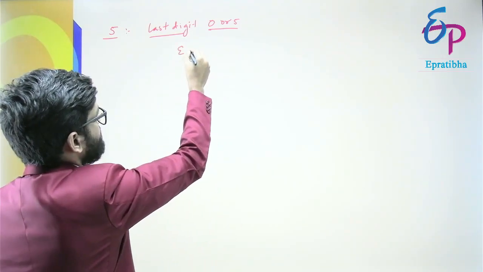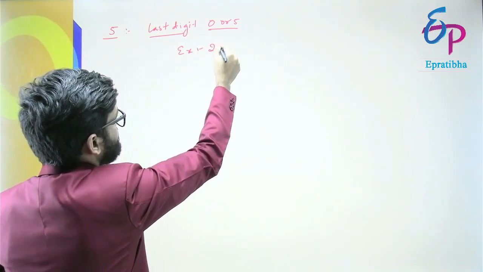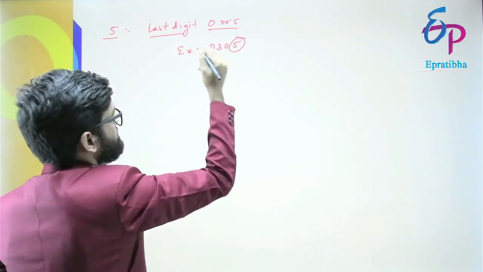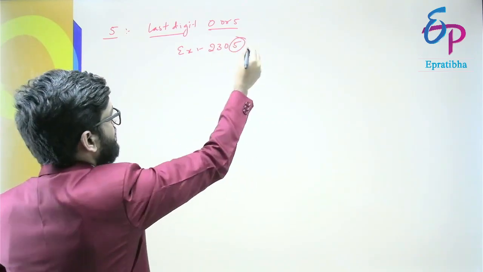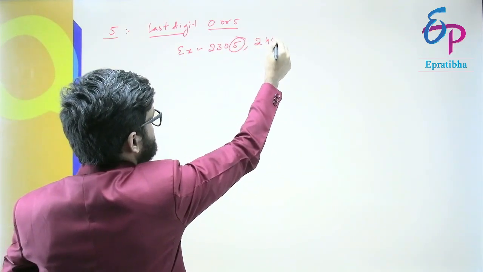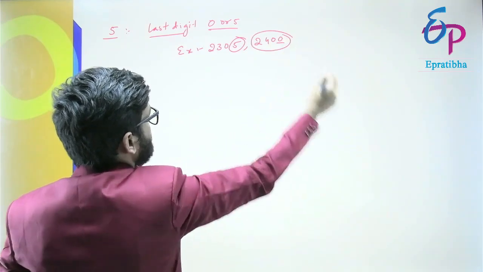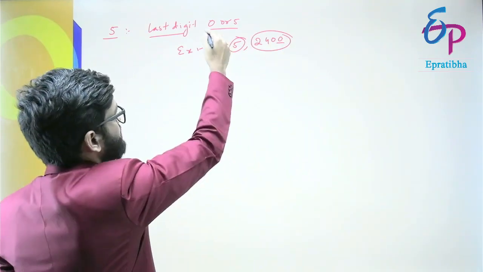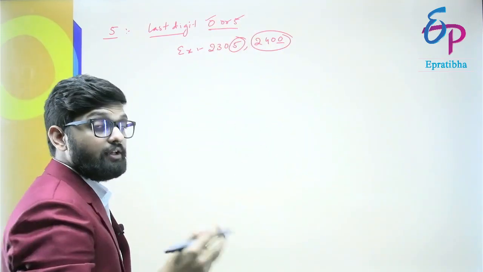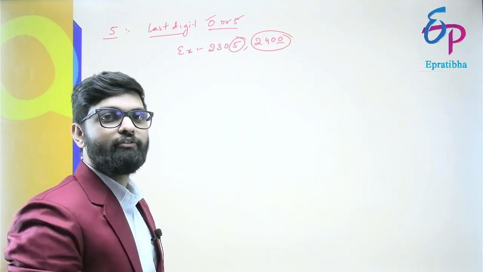If you take one example, it is 2305. What is the last number? It is 5. If you take one more example, 2400, what is the last number? It is 0. If the last number is either 0 or 5, then the entire number is divisible by 5.